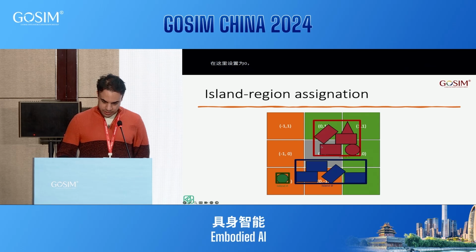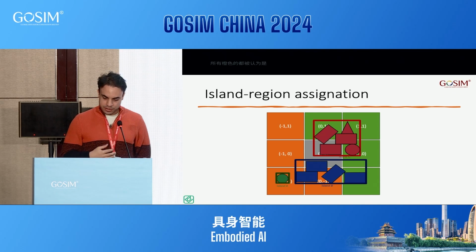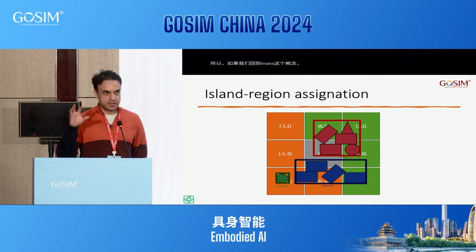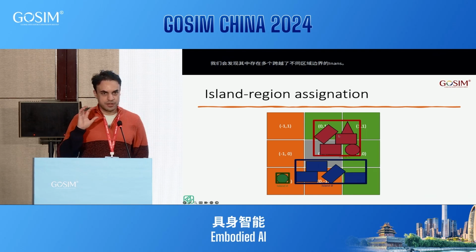So if we go back to islands, if we look at this system, we see that we have a bunch of islands which are crossing boundaries of multiple different regions. So like I said, we cannot have different objects from the same island being simulated by different instances of the physics engine. So we need to make sure that everything in red here is simulated by the same instance of Rapier.